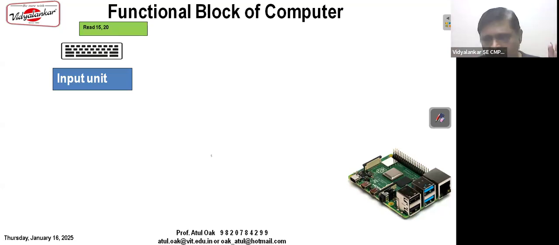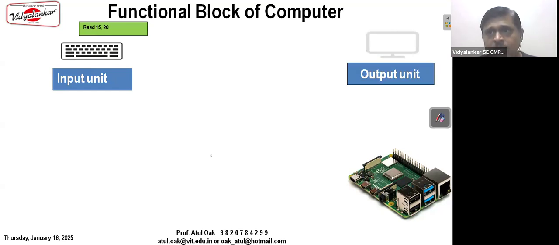The second fundamental requirement is where I'm going to see the data, because my definition was it's an electronic device which processes the data and generates valid results. So how will my data come? It will come via a hardware called input. How will my results be visible?